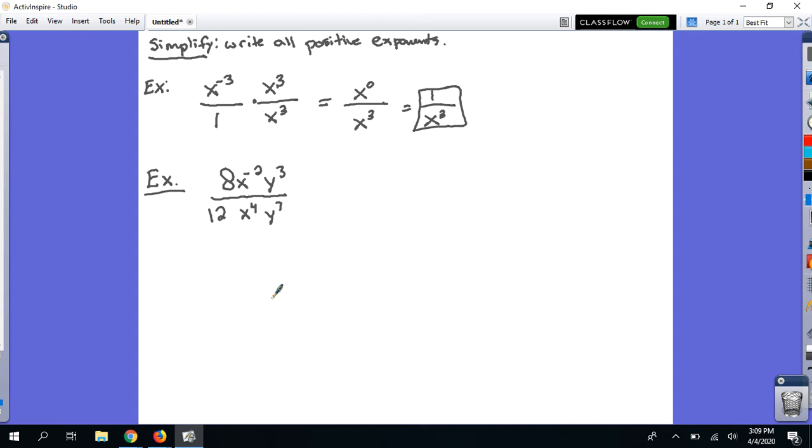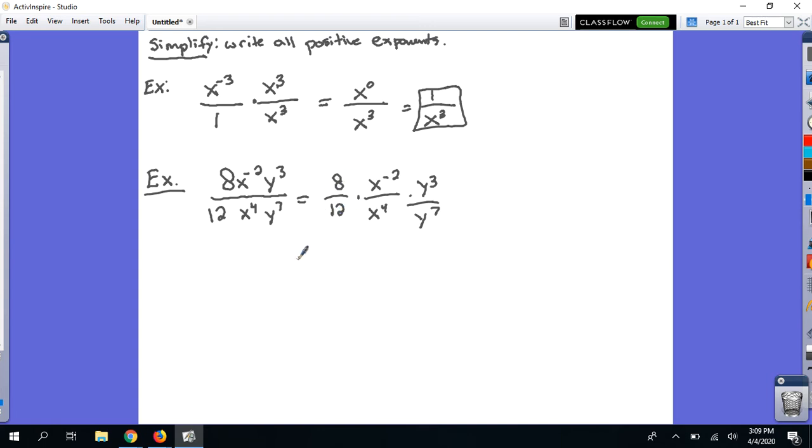There's a lot of values being multiplied together and divided, and there are. So what I like to do is split this fraction by multiplication. So could we treat this as 8/12 times x to the negative second over x to the fourth times y to the third over y to the seventh? Yeah, we can, because if we multiply all of that back together, we'll get back to where we started. So we didn't change the meaning of that problem at all.